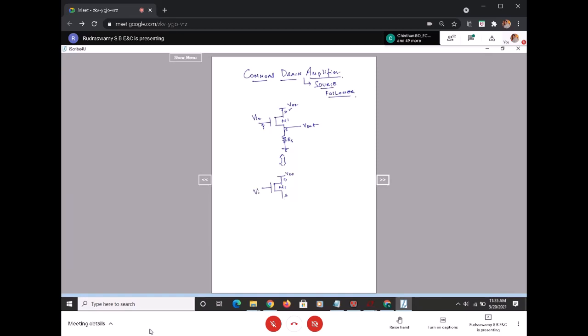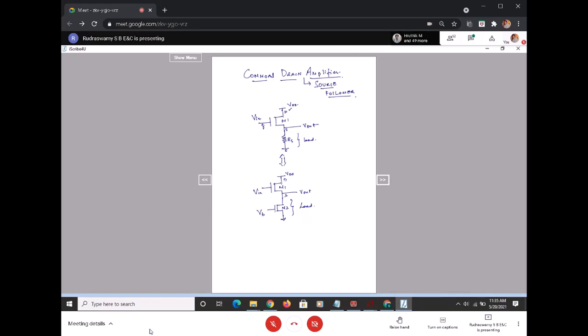This is where we apply Vin, and across the source we take the output. Then we use one more NMOS transistor, and in this case this NMOS is acting as a load. This is the source resistance side, which you typically call a load, because there will be some drop.